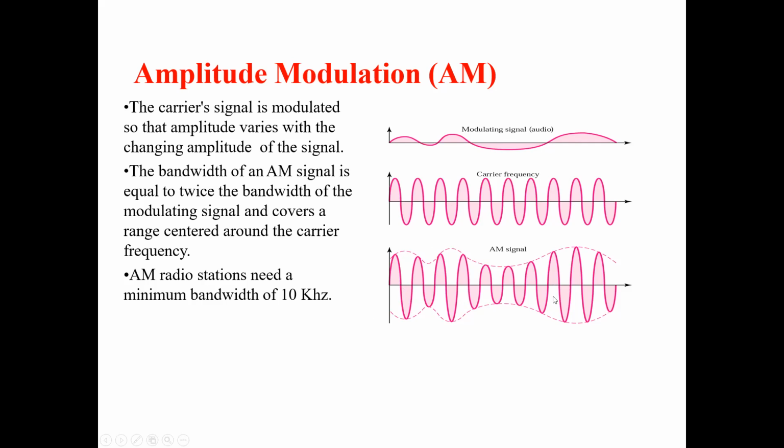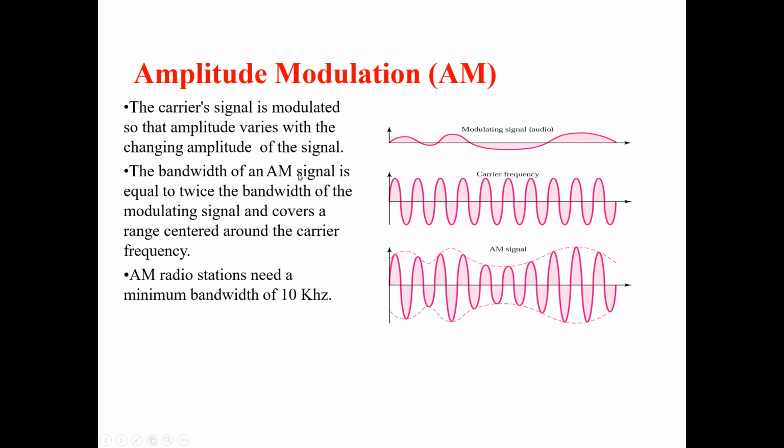This is our message signal and it contains the information. It is the carrier signal, which is the high frequency. So we have to draw this, our sender signal, the carrier, and this is the AM signal.